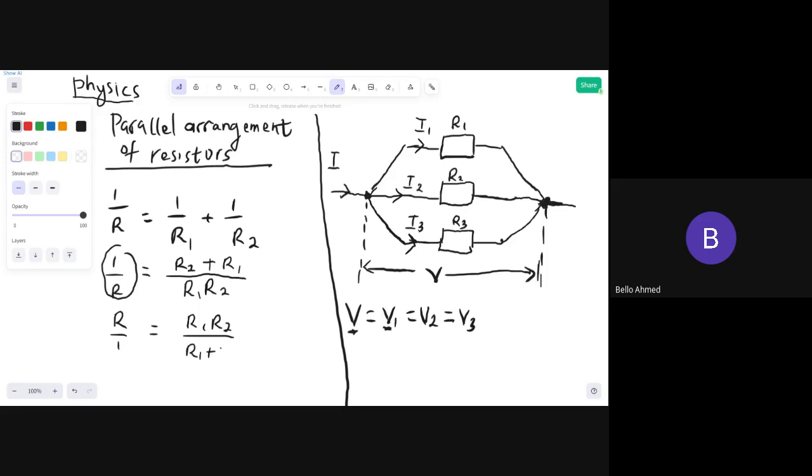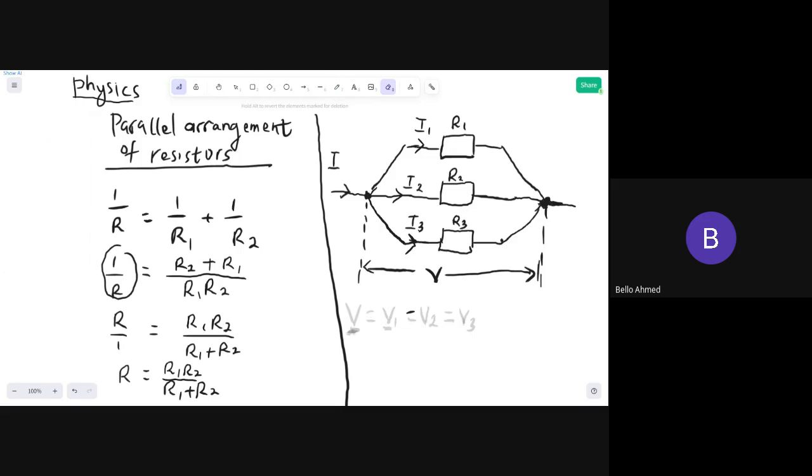It's the same thing. So the equivalent resistance when we have two resistors will be R1 R2 divided by R1 plus R2. So that is for the case when you have two resistors in parallel.